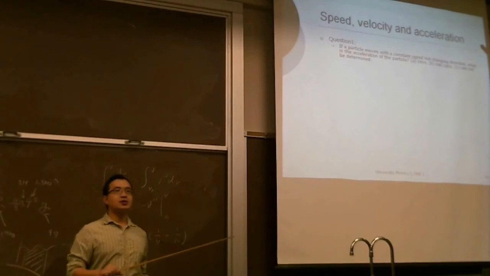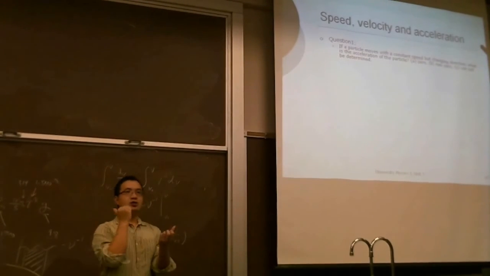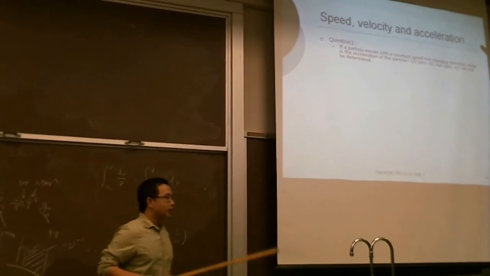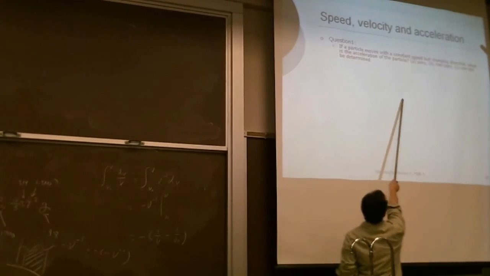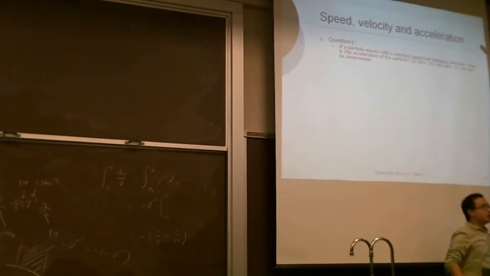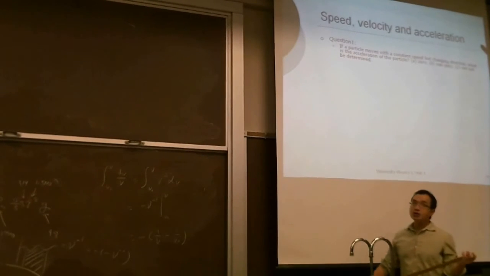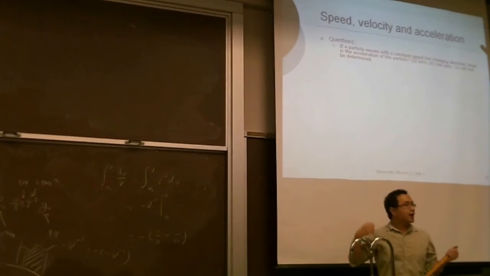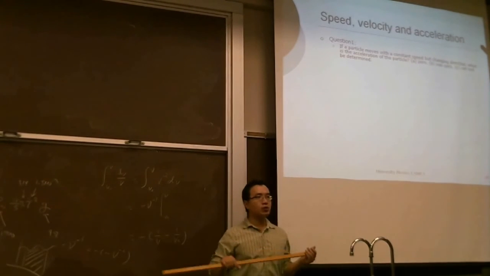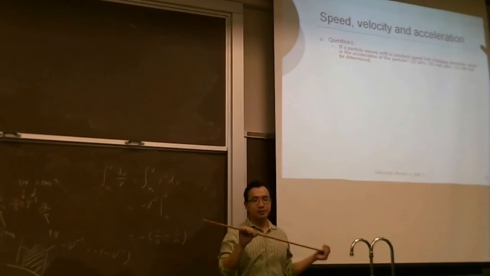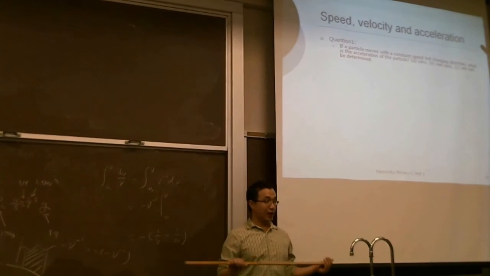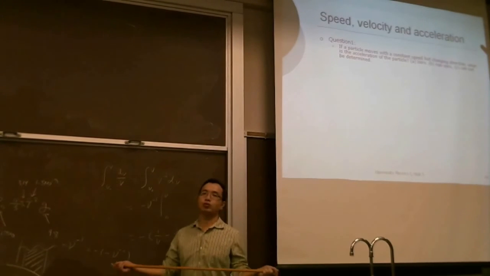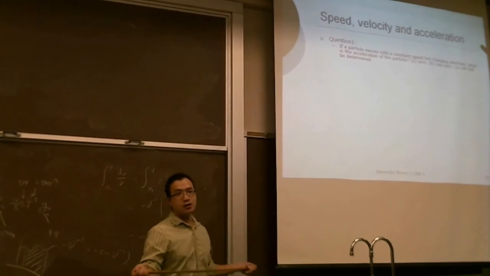But constant velocity means both the magnitude, the speed, and the direction should be constant. Here it's constant speed but changing direction, so you must have some acceleration to change the direction. Acceleration is needed to change either the magnitude or the direction. So constant speed motion with changing direction does require some non-zero acceleration.